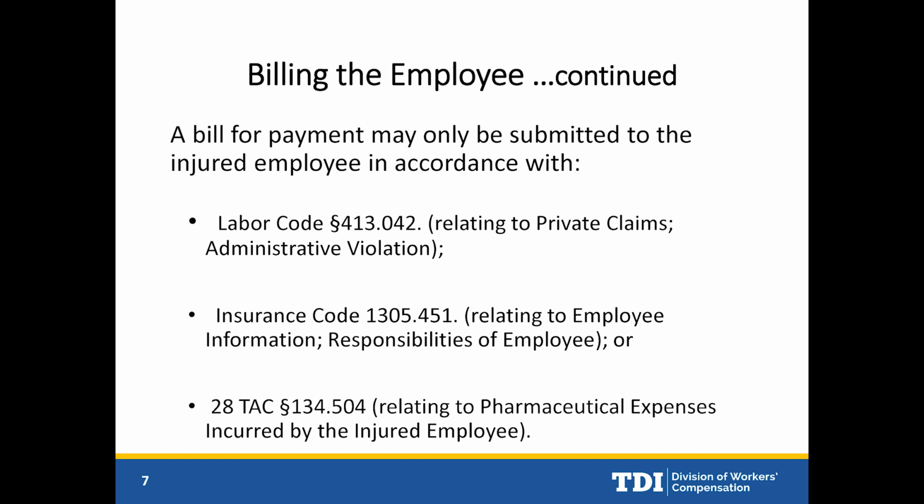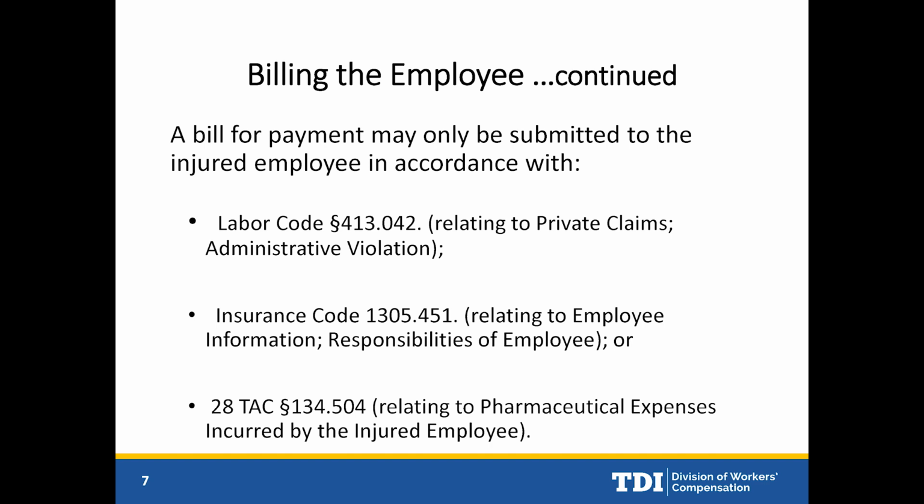If the injured employee knowingly goes to a non-network provider without approval from the network, the injured employee can be held responsible for payment of those medical services. Now, that applies only when the injured employee has been notified of the requirement to go to a network provider.